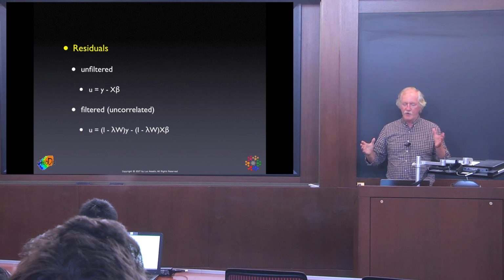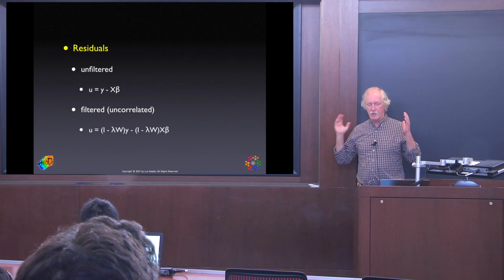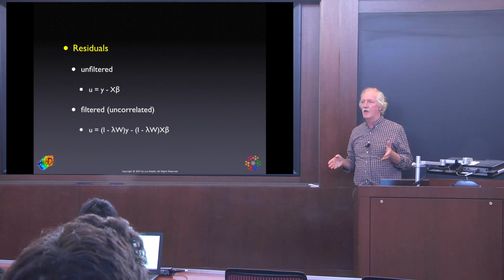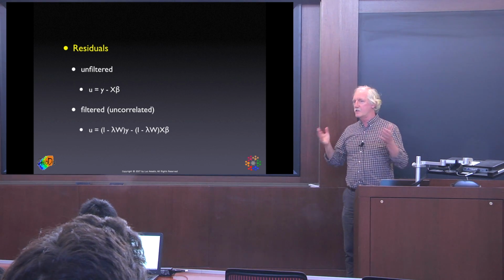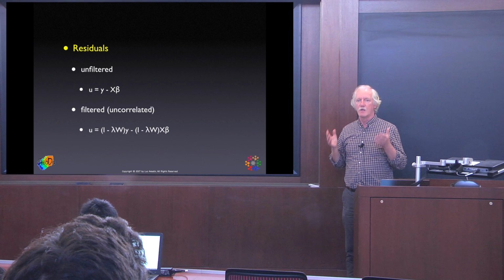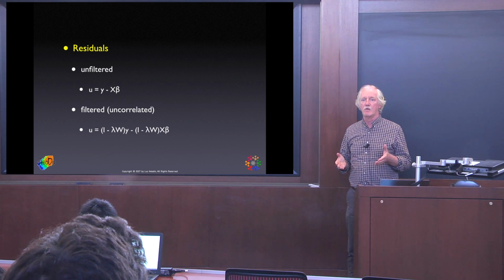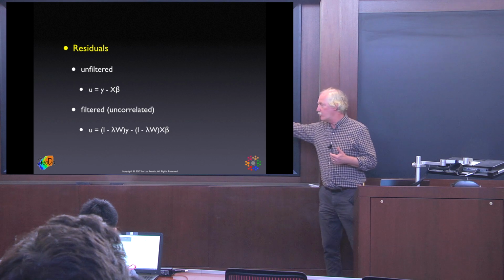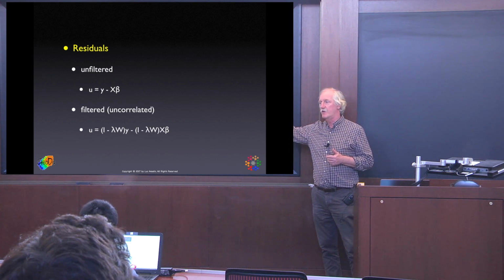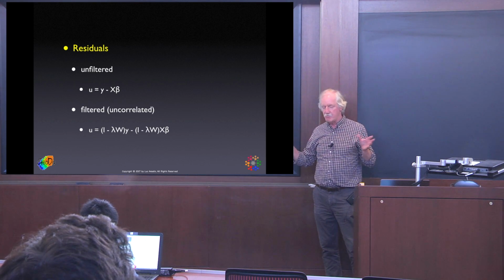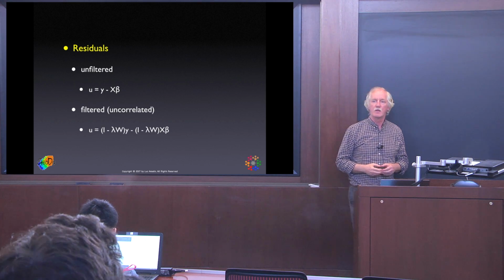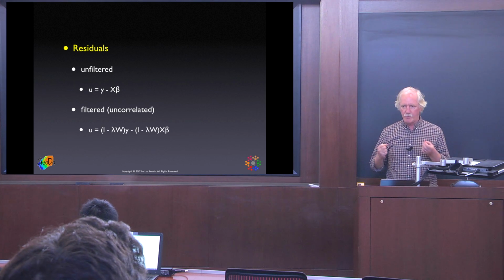So oftentimes people come to me and they say, you know, I did this in GeoDa and I mapped the residuals and they still look highly correlated. Yes, they are. It's only after you take out the correlation with the filtering that they should be more or less random. Right? So this is, again, something non-standard.